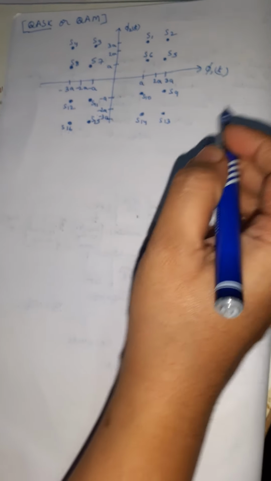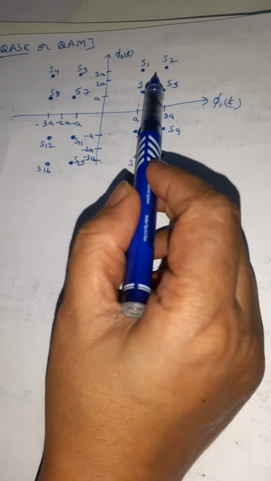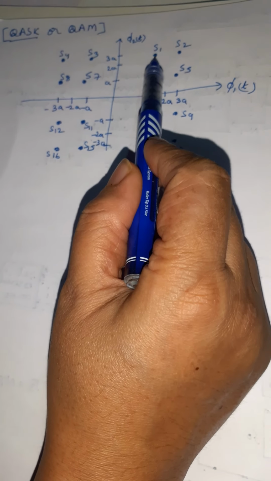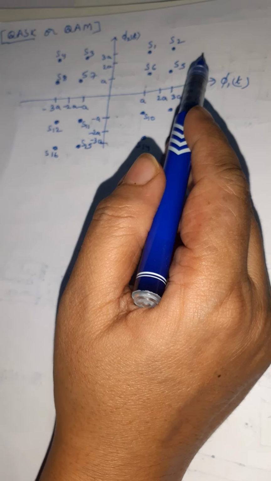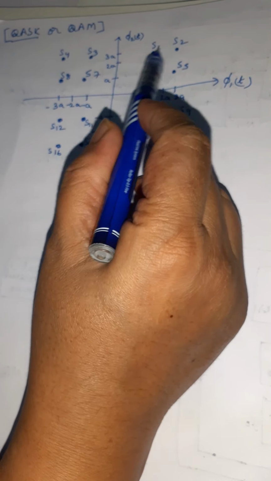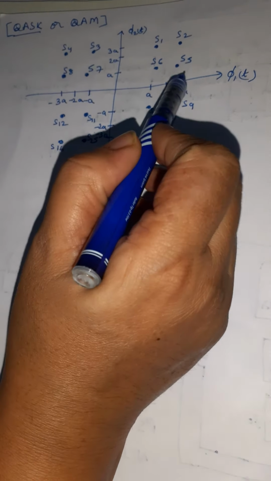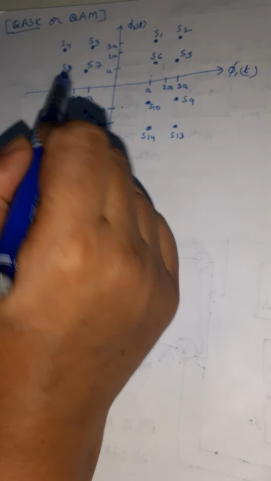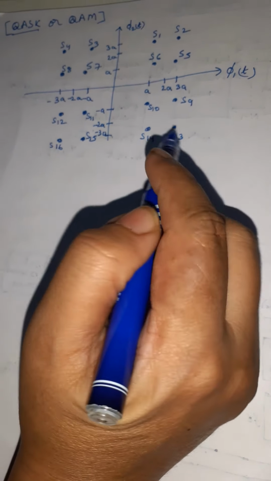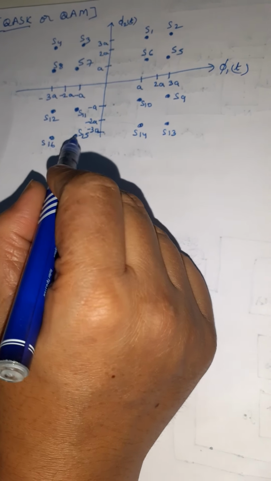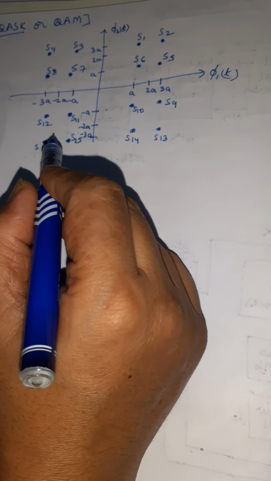So if we consider 16 signals, you can see I have drawn it already. S1, S2, S3, S4, S5, S6, S7, S8, S9, S10, S11, S12, then S13, S14, S15 and S16.